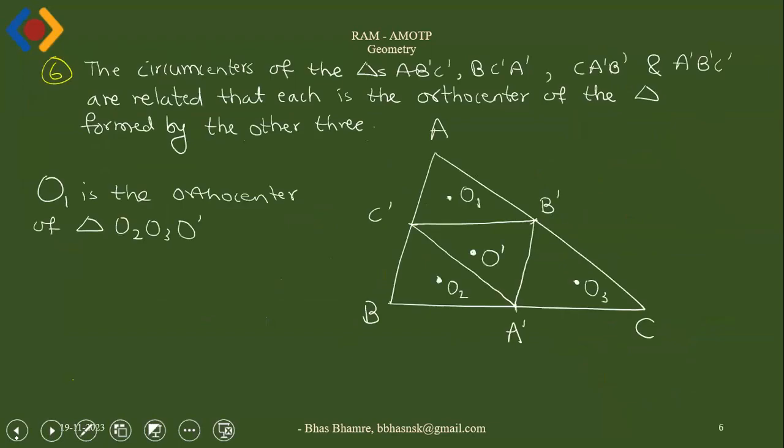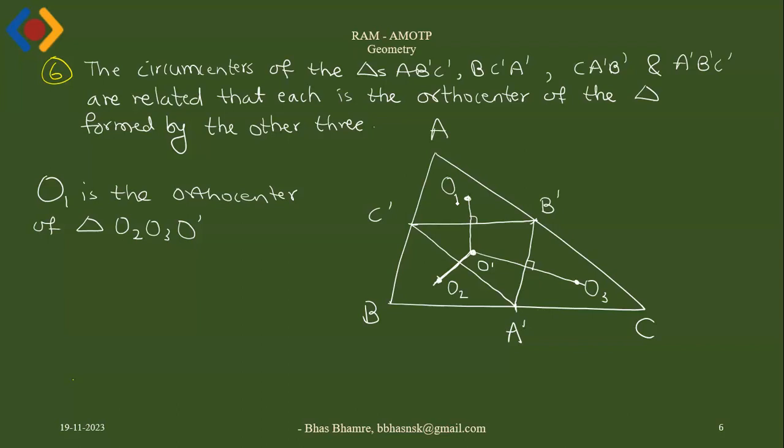Now actually my figure is a little bit misleading because here is the perpendicular bisector. Here is the perpendicular bisector. And here is the perpendicular bisector. This is O prime. Here is O1.